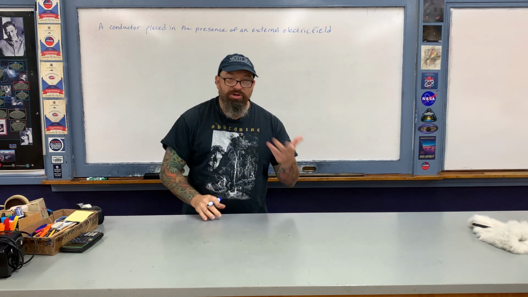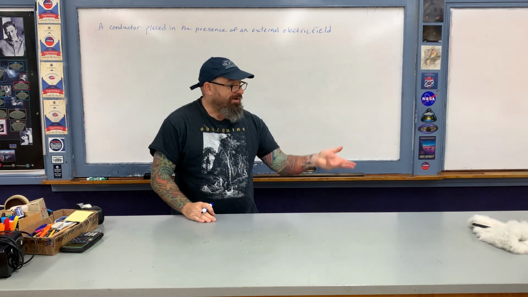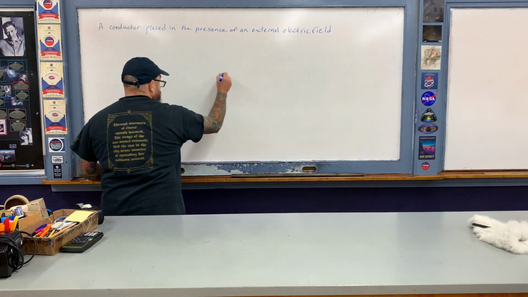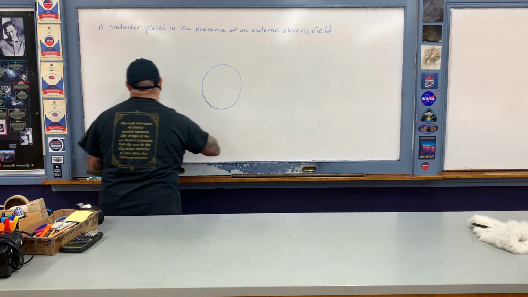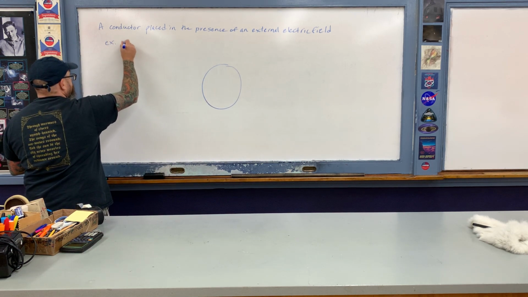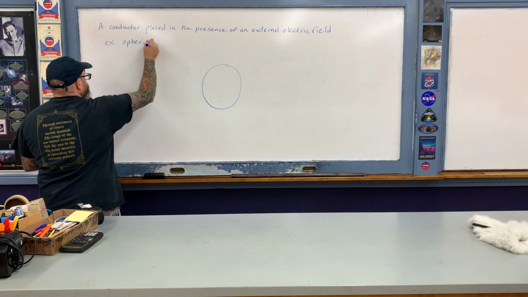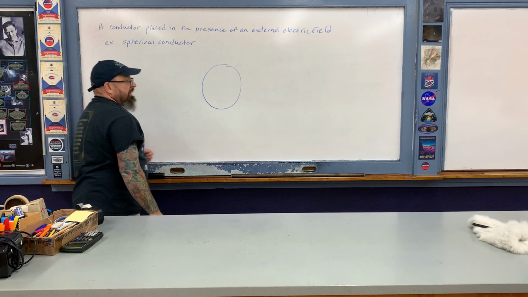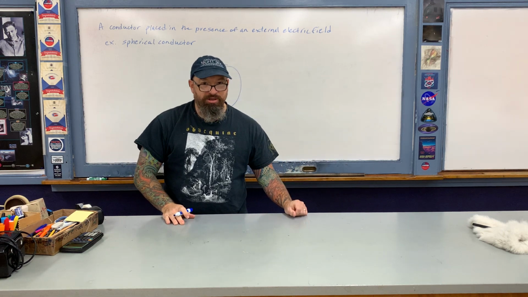Okay, now I'm not going to draw anything nearly as complicated, however, as my electroscope. Instead, let's just treat the conducting piece of metal as a sphere to keep it easy. Okay, so here's a spherical conductor. Okay, and then let's just say that I turn on an external electric field.